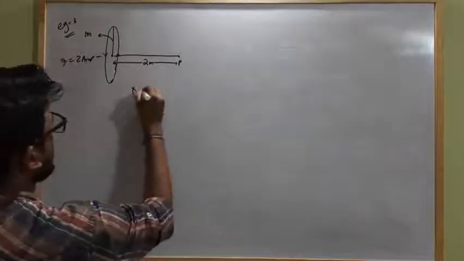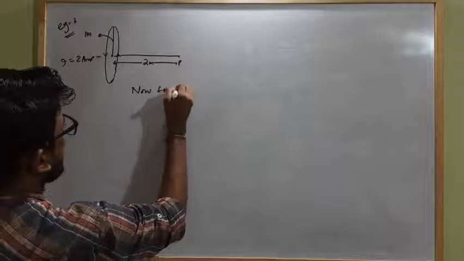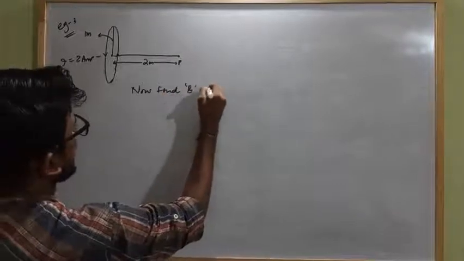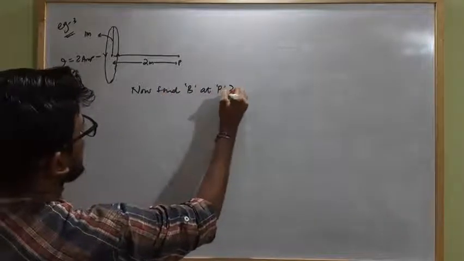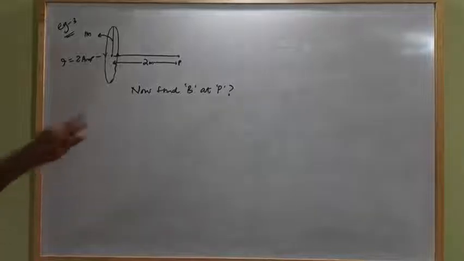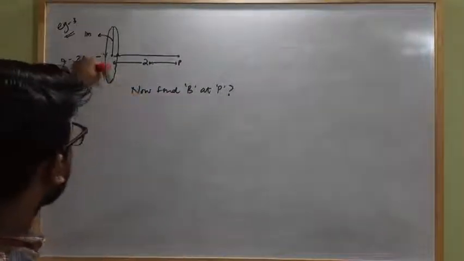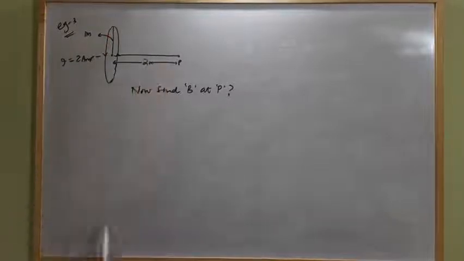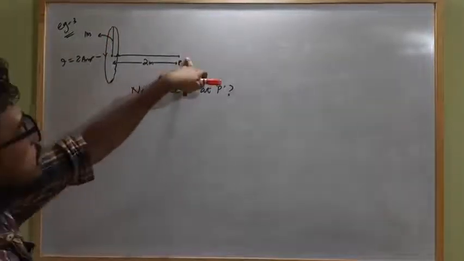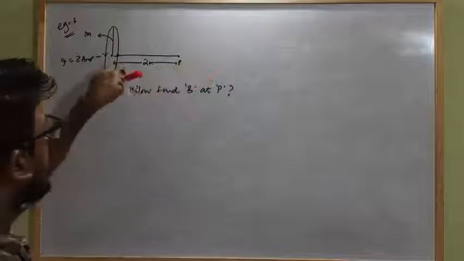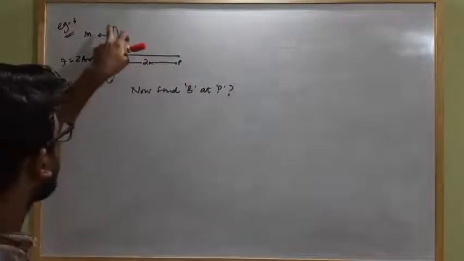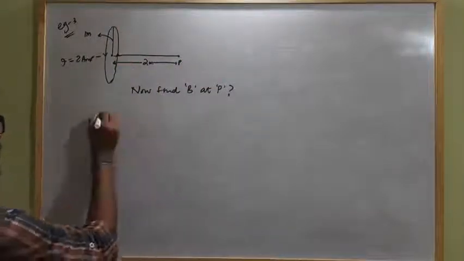Now find B at P. So we have to find the net magnetic field strength at point P due to this current carrying coil, and here the point of observation is an axial point of a circular current carrying coil, and we know the formula.